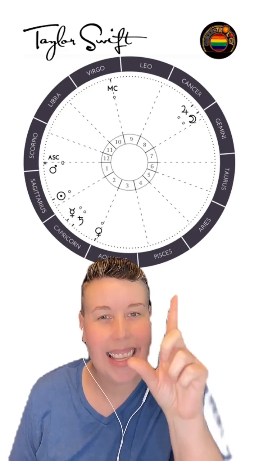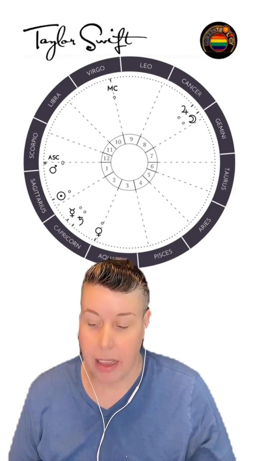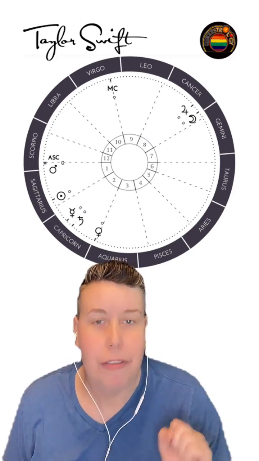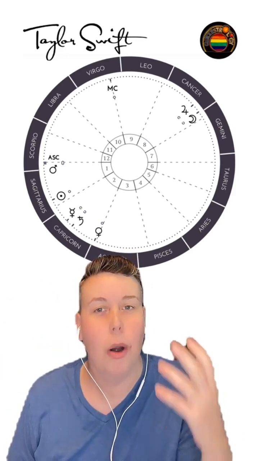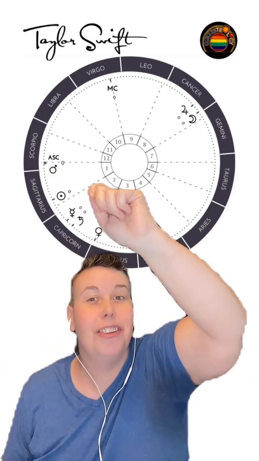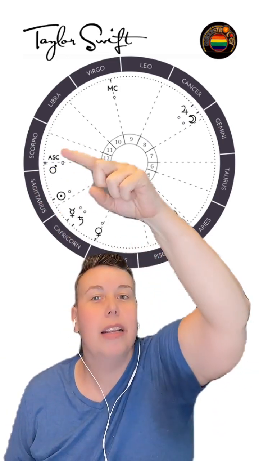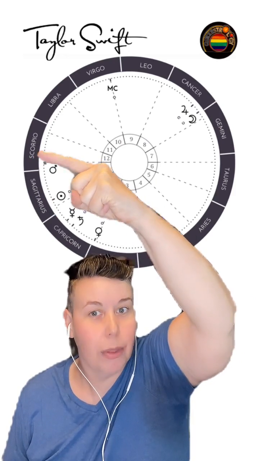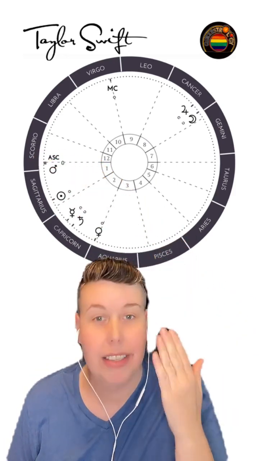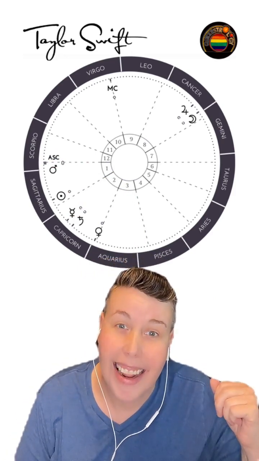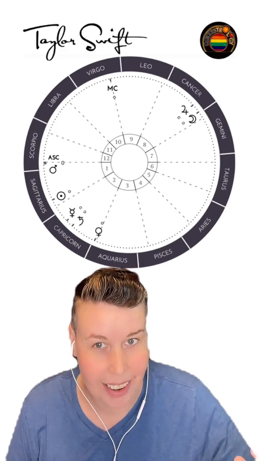So we take that snapshot at the moment that the person was born, like in Taylor's case, that was 5:17 a.m. Those born right before 6 a.m. usually have a rising sign just before their sun sign, as you can see here. So Taylor was born when the constellation of Scorpio was on the eastern horizon at 5:17 in the morning. That's why she is a Scorpio rising. That's what that indicates.